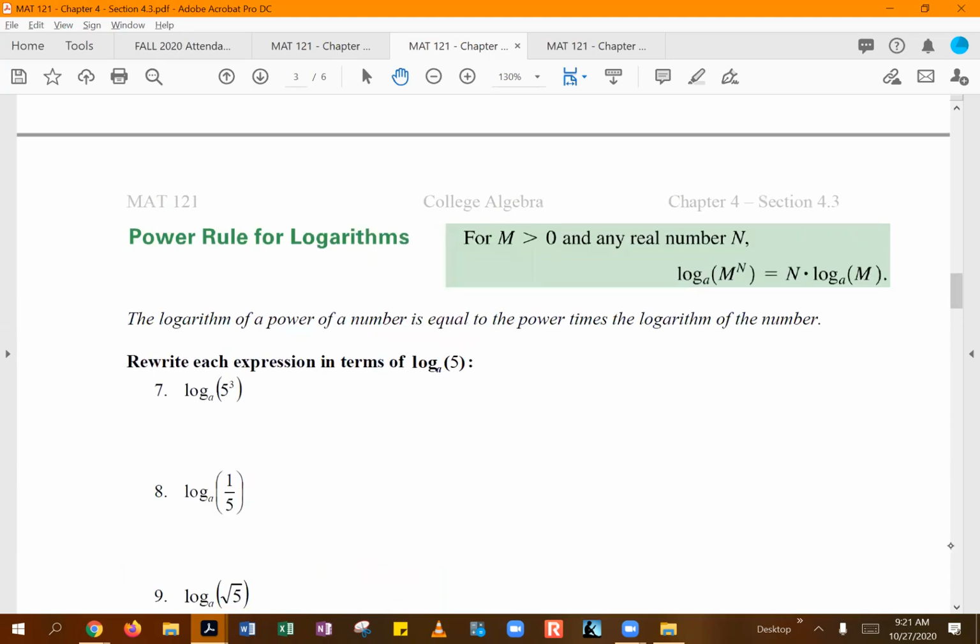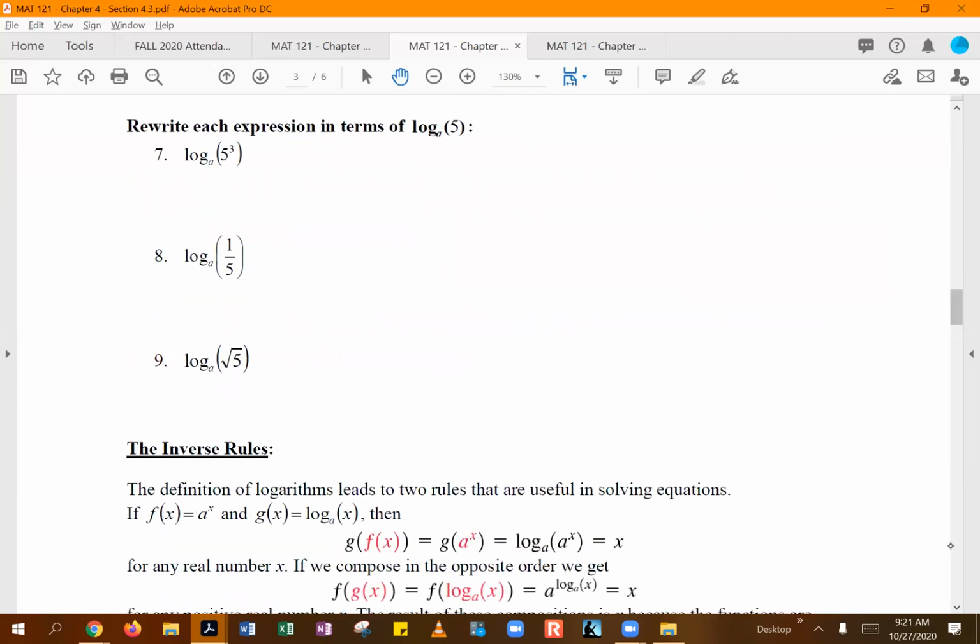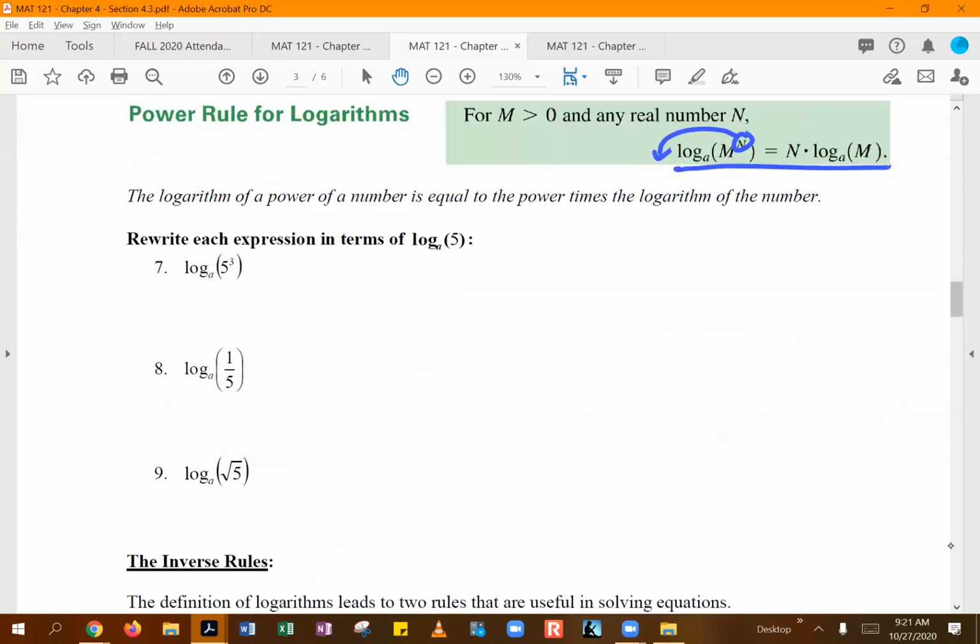As you can see with the rule over here, we're taking this exponent n and bringing it in front of our logarithm and multiplying. And of course, you can reverse that if you had to go in the opposite direction, if we were combining all of our logs into a single log.